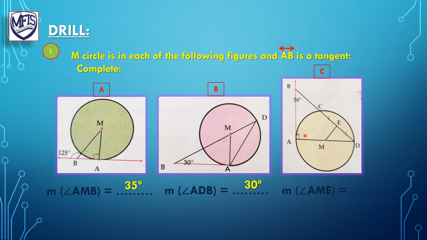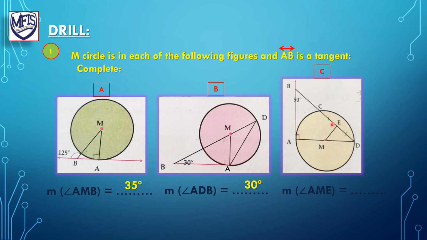Now, I want to find the measure of angle AME, this angle. Let's see the given. AB is a tangent and MA is a radius. Therefore, measure angle A equals 90 degrees.